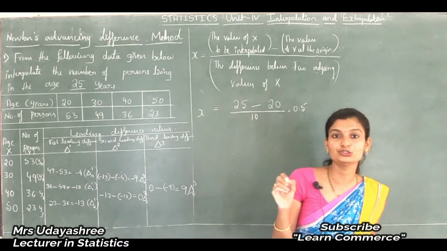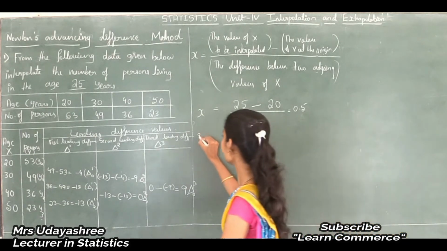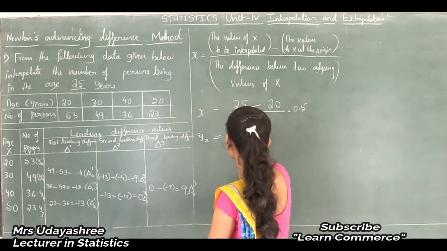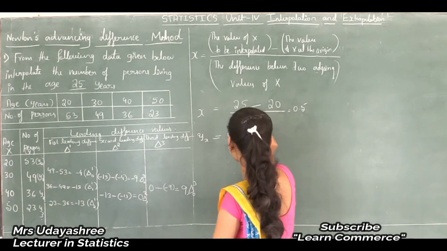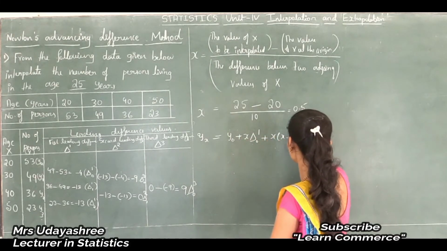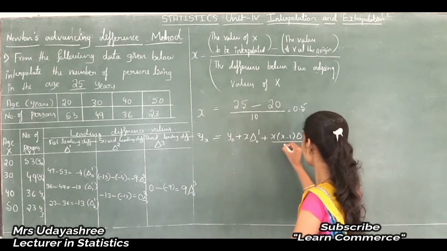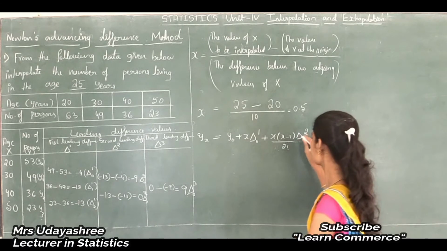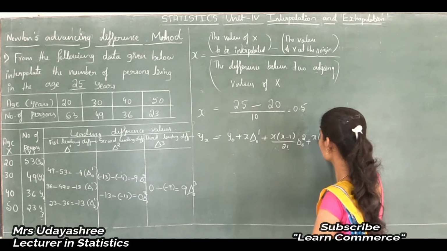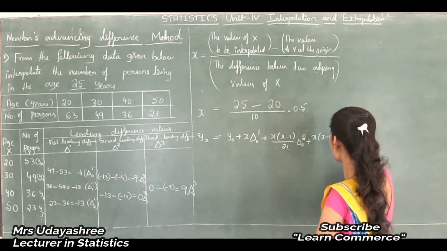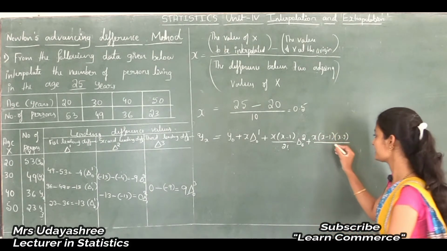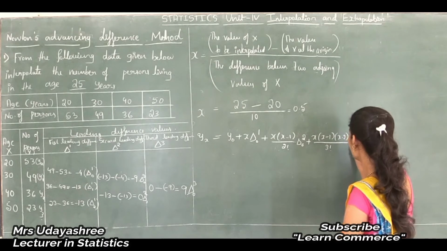Now I will write Newton's method formula: yx is equal to y naught plus x into delta naught 1 plus x into x minus 1 into delta naught 2 divided by 2 factorial, plus x into x minus 1 into x minus 2 divided by 3 factorial into delta naught 3.